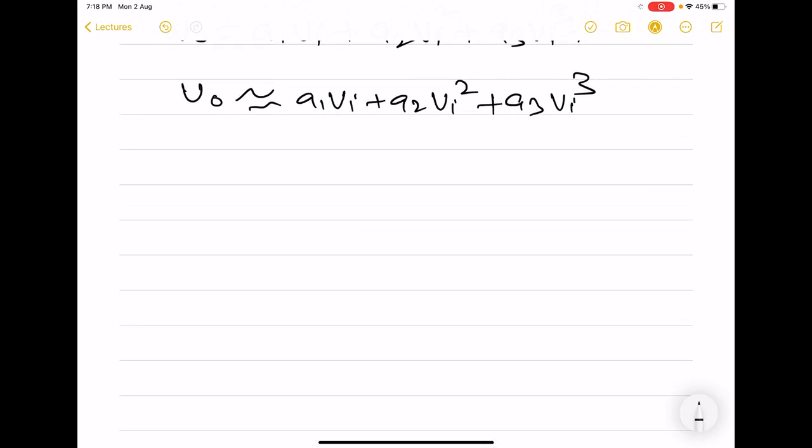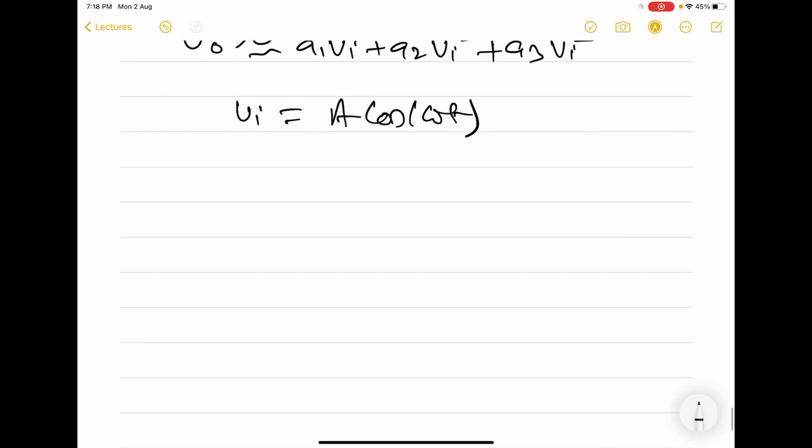So here we are going to take the input as A cos omega t, and now suppose we have an ideal amplifier, then what will be the scenario in the frequency domain on the input side and the output side?